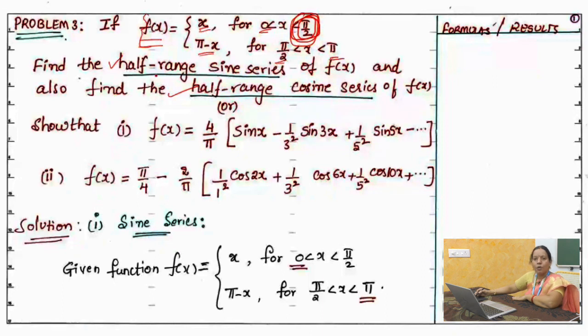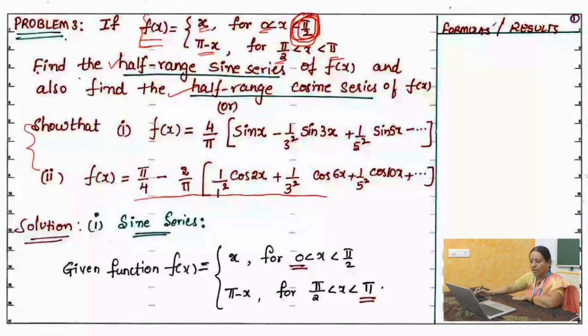This problem can also be asked like this: show that f of x equals 4 by pi into sin x minus 1 by 3 square sin 3x plus so on, and show that f of x equals pi by 4 minus 2 by pi into 1 by 1 square cos 2x plus so on. If you observe, this is the indirect manner to ask the above problem.